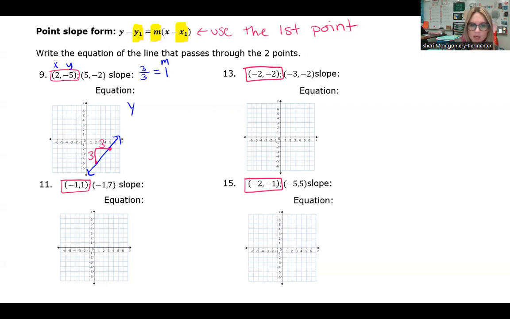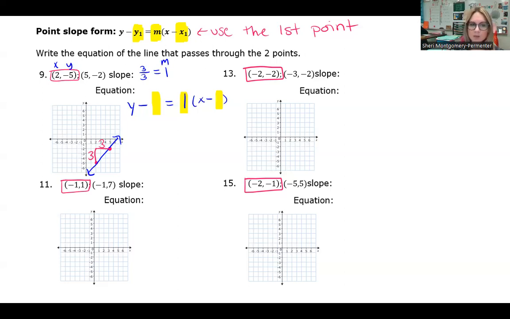I'm going to have y minus, then x minus. So I've got 3 spots that I'm filling stuff in. Right here, right here, right here. My slope is m. My slope is 1. So I just put a 1 there.